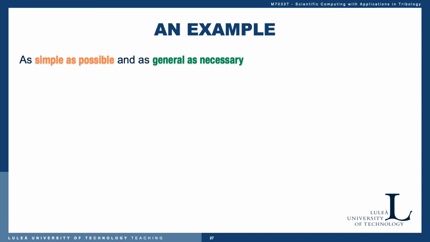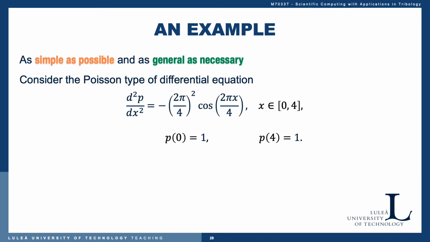Let us now have a look at an example, and let us make this as simple as possible but as general as necessary. I would say this Poisson type of equation is precisely this. It is a very simple one, but still with a non-zero right hand side. It is a cosine function, defined on the interval from 0 to 4, and the reason for this has to do with the discretization we will choose later on.